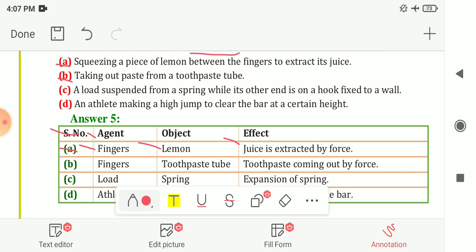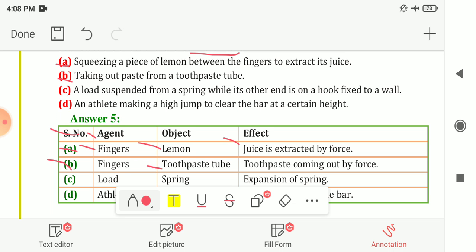Next situation is taking out paste from the toothpaste tube, when we are pressing it. So now the next agent is finger. Using our fingers we are taking out the toothpaste.